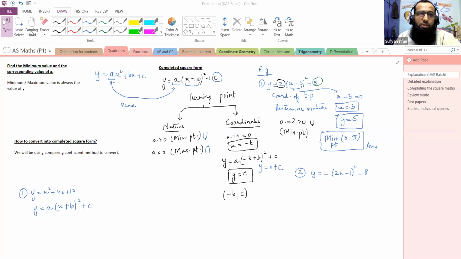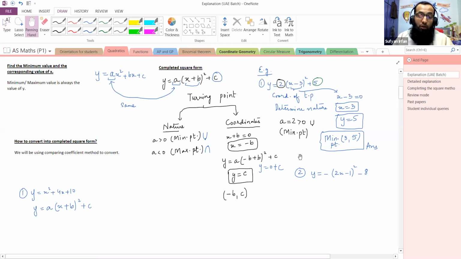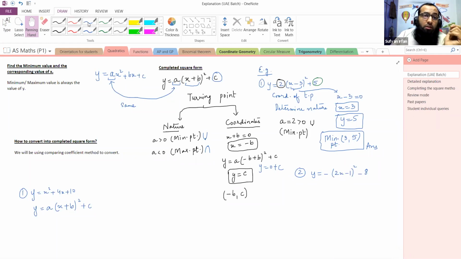The first misconception was that it was said to be a minimum point. I'm not sure how you concluded that it is a minimum point, because this can't be a minimum point, because the coefficient of the bracket is negative. We can see that the coefficient of the bracket is negative. Just a negative sign means it's negative 1.